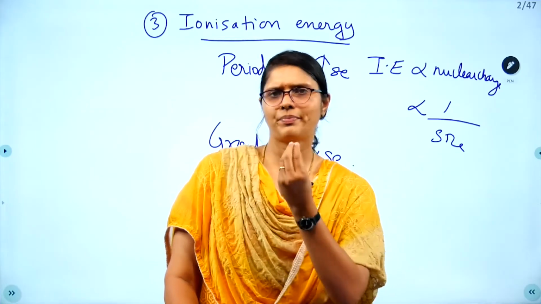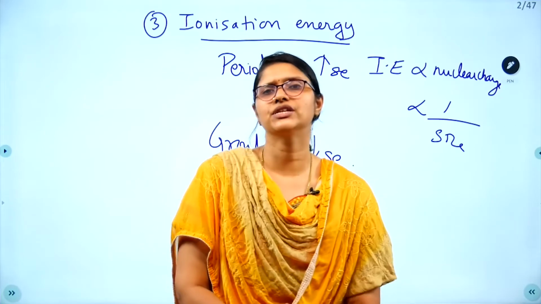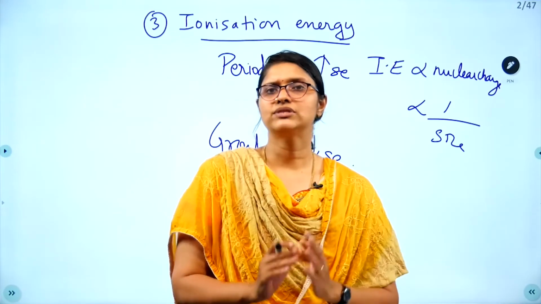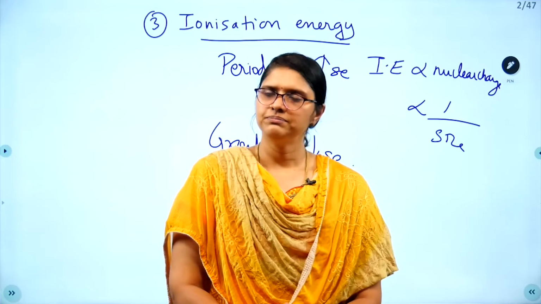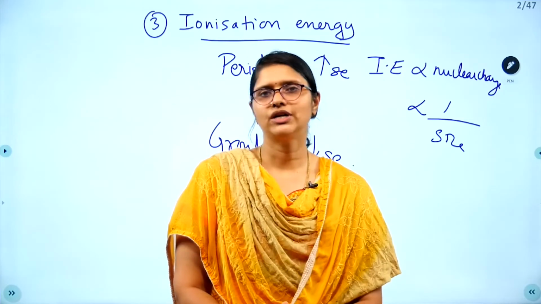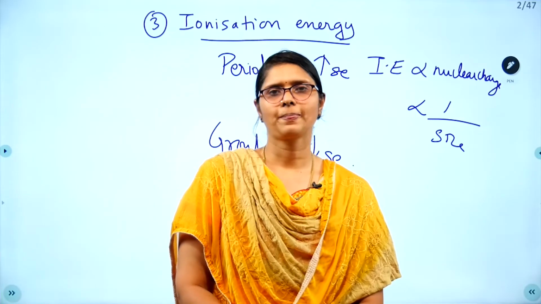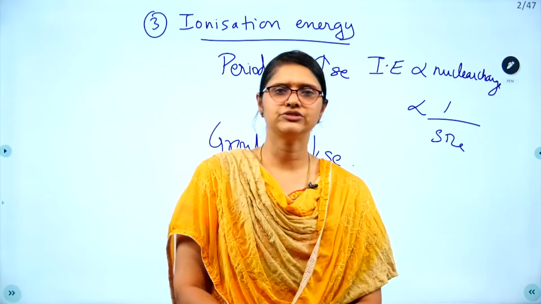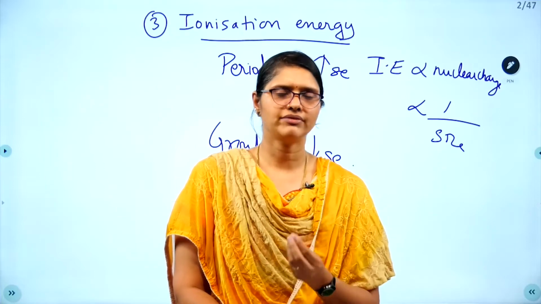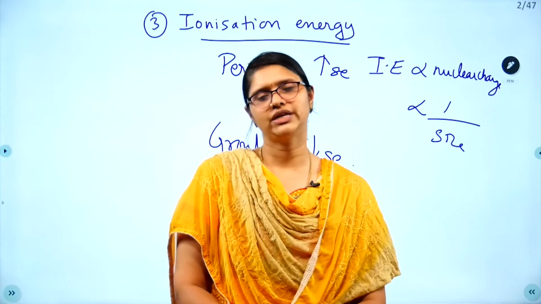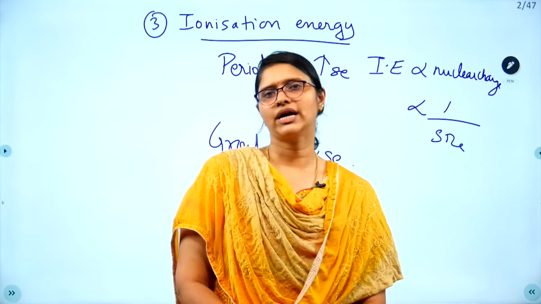What is the special characteristic of ionization energy? Those elements having exactly half-filled configuration will have more ionization energy. Those elements having fully filled configuration will also have more ionization energy.